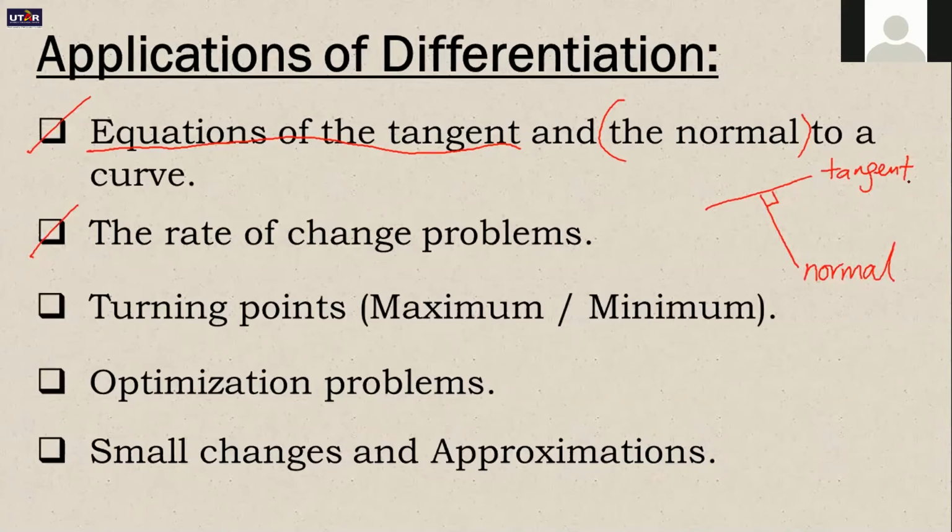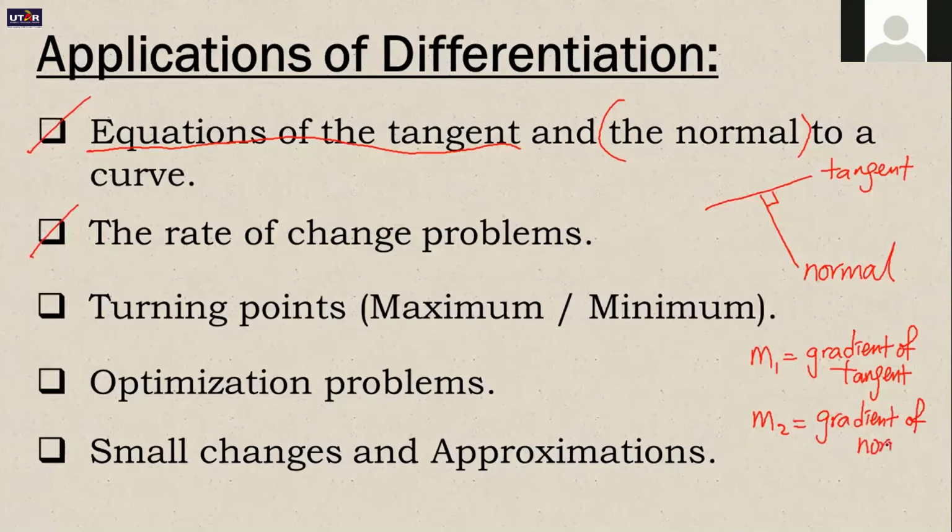If let's say the gradient of the tangent line is m1, and m2 is the gradient of the normal line, what is the relationship between them? We know that m1 multiplied by m2 equals -1. All right. So this is the relationship between the normal line and the tangent line.